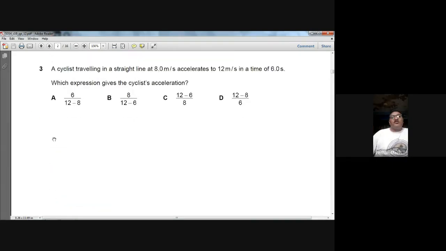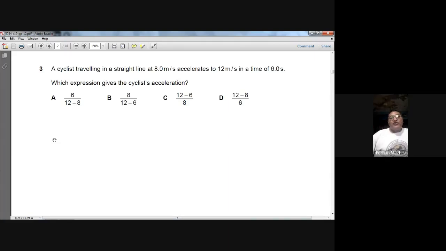Question number 3 is on your screen. A cyclist traveling in a straight line at 8 meters per second accelerates to 12 meters per second in a time of 6 seconds. Which expression gives the cyclist's acceleration? The formula for acceleration is (V minus U) divided by T, change in velocity divided by time.